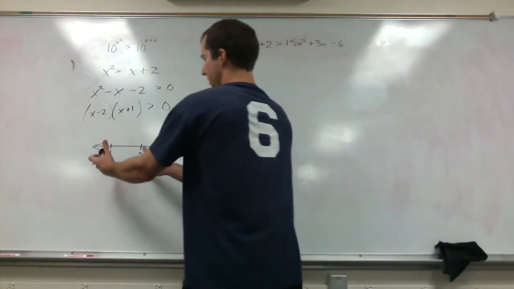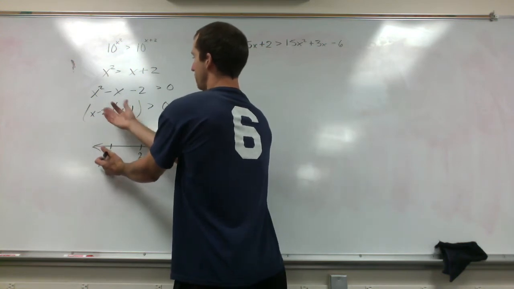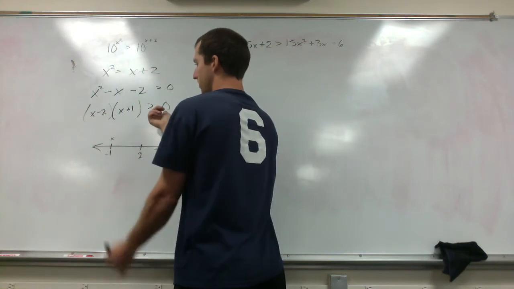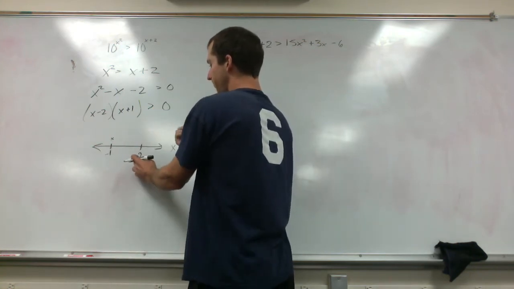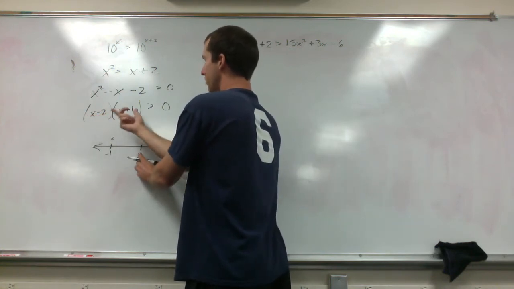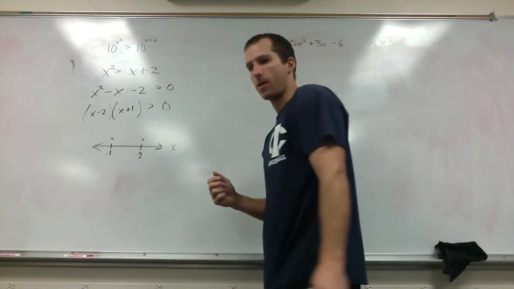So I guess first we'll take care of these two possibilities. If x were negative 1, the product would be 0, and 0 is not greater than 0. So I'm just going to put a little x there. I can't include negative 1 in my final interval. If x were 2, the product would be 0. 0 is not greater than 0, so I'm not going to have that one either.